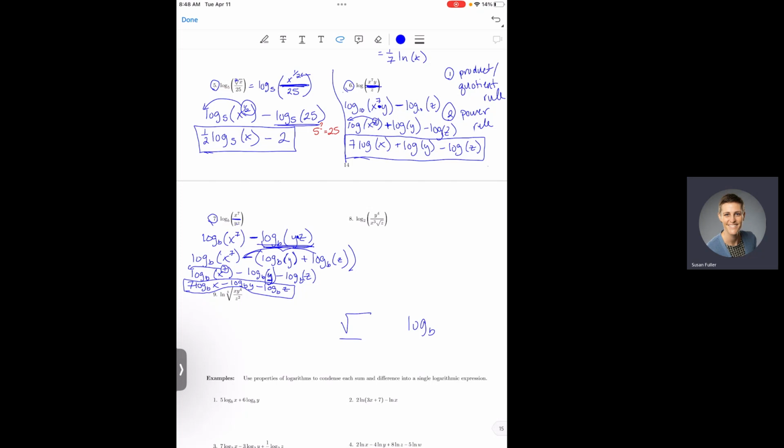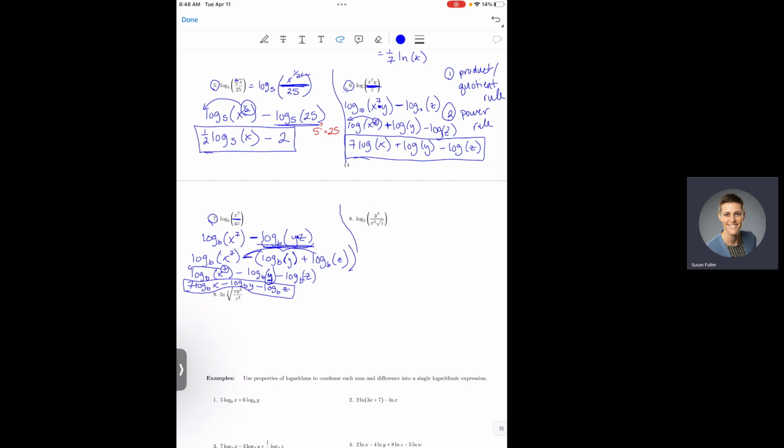It's like an empty square root. It doesn't mean anything by itself. It needs something inside of it to make any sense. So just don't forget to put something after the log to make it make sense to have something inside. But whether you put those parentheses there or not is kind of a personal preference.